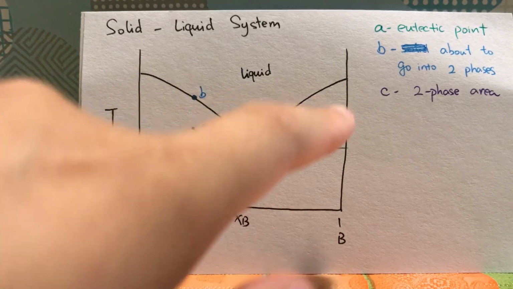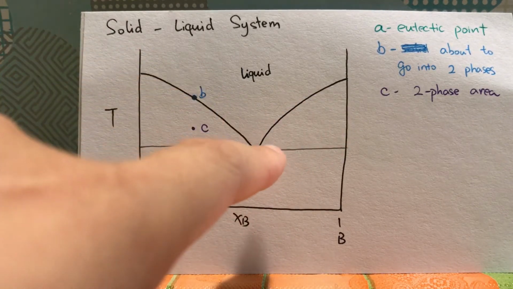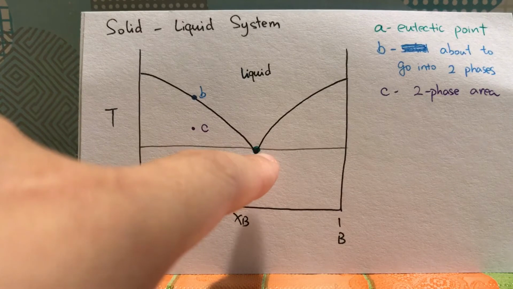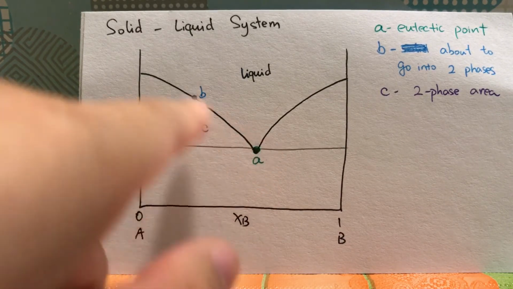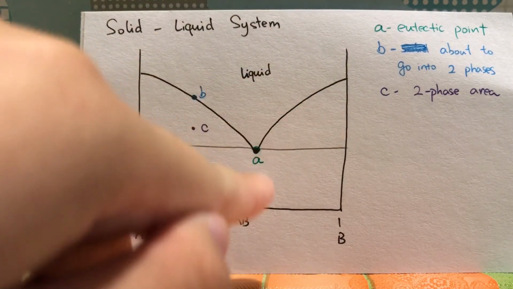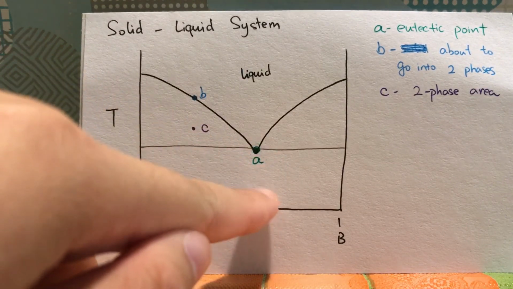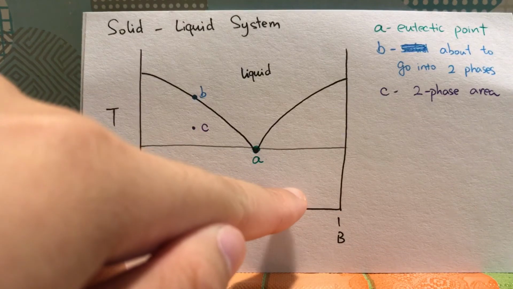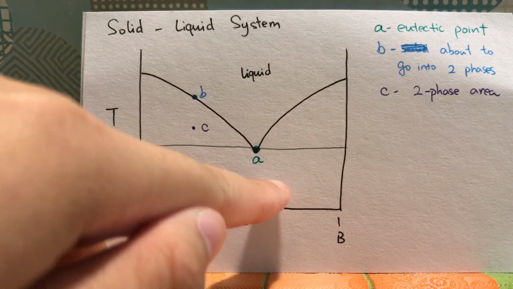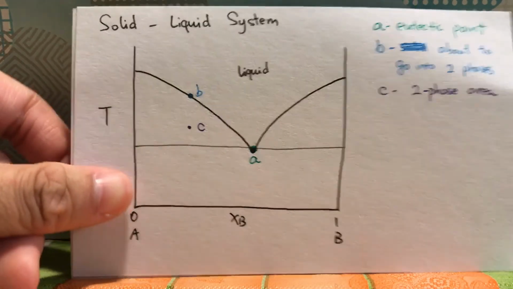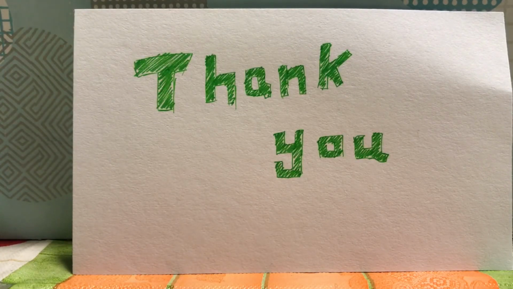In this graph, we can see that it's the lowest point, so it is the lowest melting point in the mixture. At the eutectic point and the area below it, both components are solid. Okay, thank you for watching.